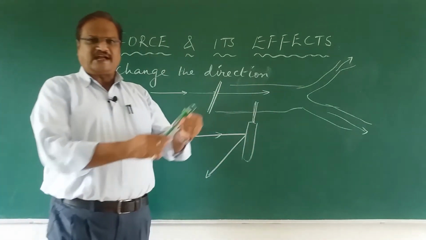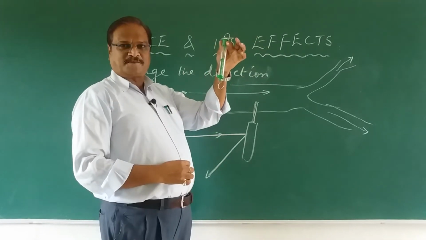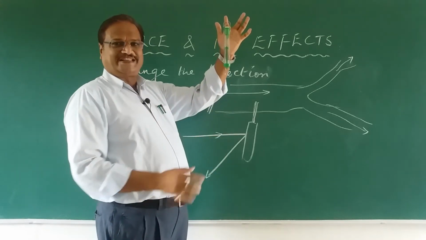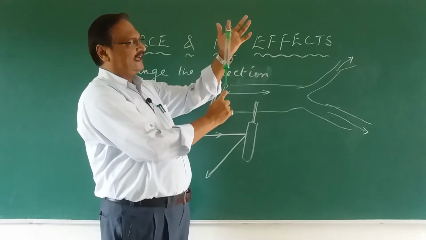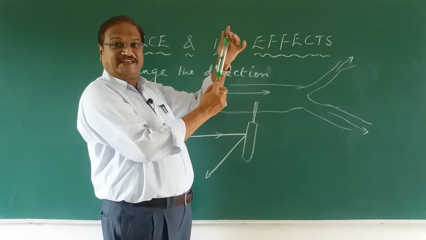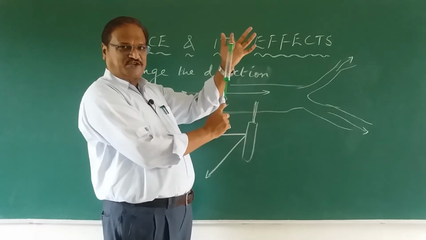Or I have a spring balance with me. Fine, a small spring is there. There is a hook here and a point to hang it like this. I push it like this. You see, inside it is changing the shape. The spring is enlarging, it is extending, compressing and expanding.